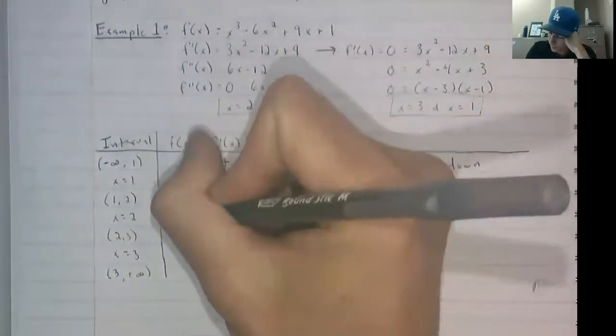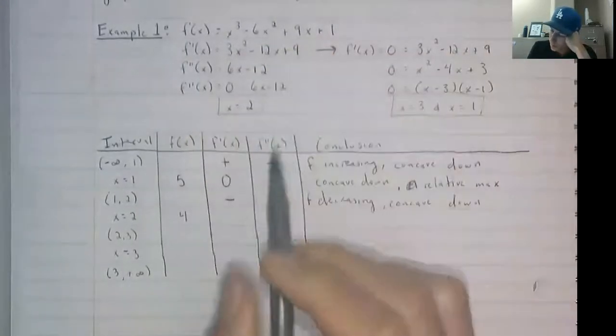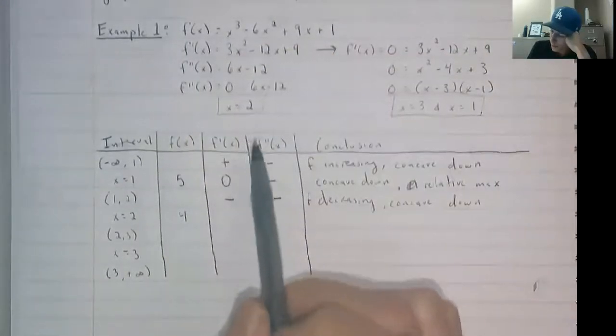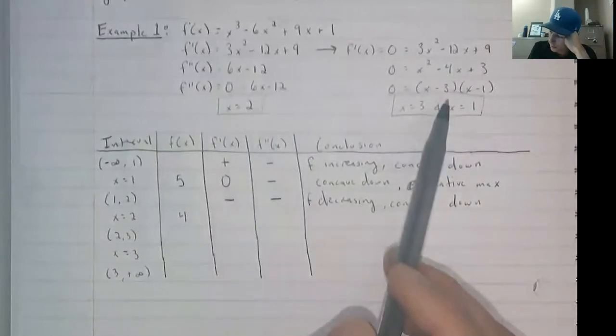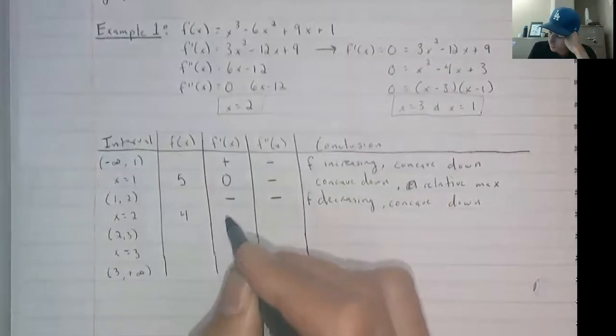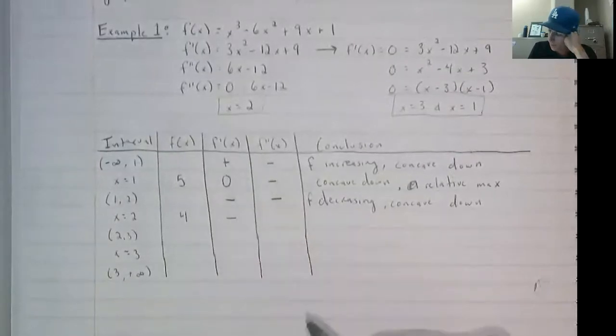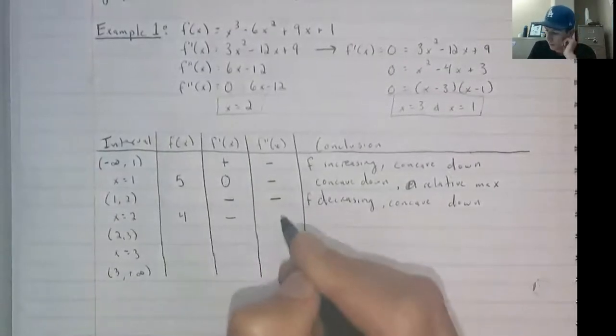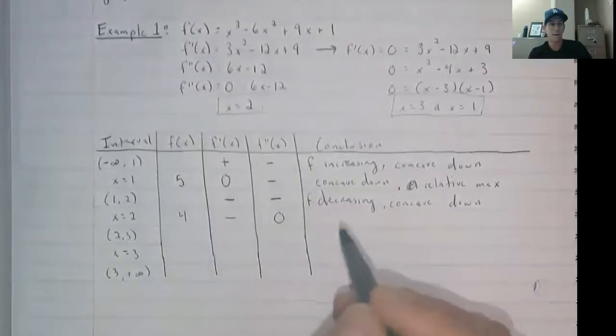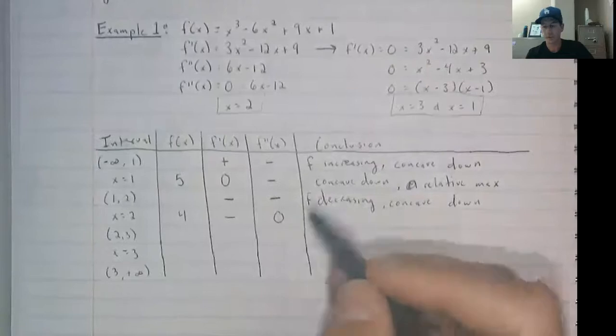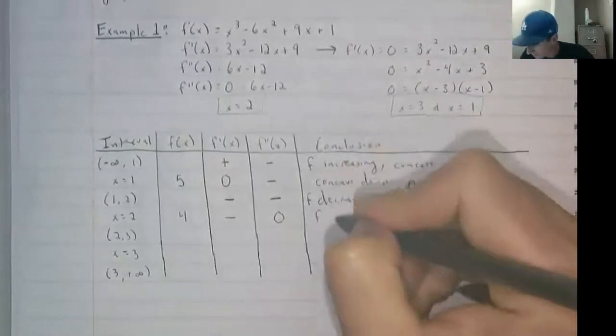Maybe. I don't know. I'm doing this quick. Don't judge me. F prime at 2 is negative. Still decreasing. But we get a 0 here. Okay, so we can't really say anything yet about point of inflection until we see what happens on the other side. But we can say F is decreasing still.